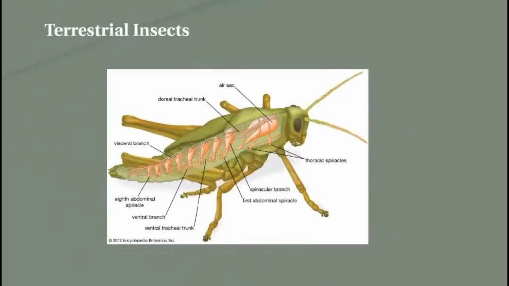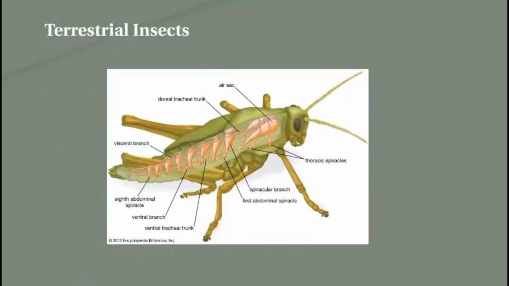The way that the insect has developed to prevent this is they are covered in this waxy coating, which is called an exoskeleton, and it prevents water being lost through their surface. However, this also makes gas exchange very difficult. So if they didn't have this, gas exchange would be very easy, but because of this, it means that it's harder to get gas in and out of the insect.